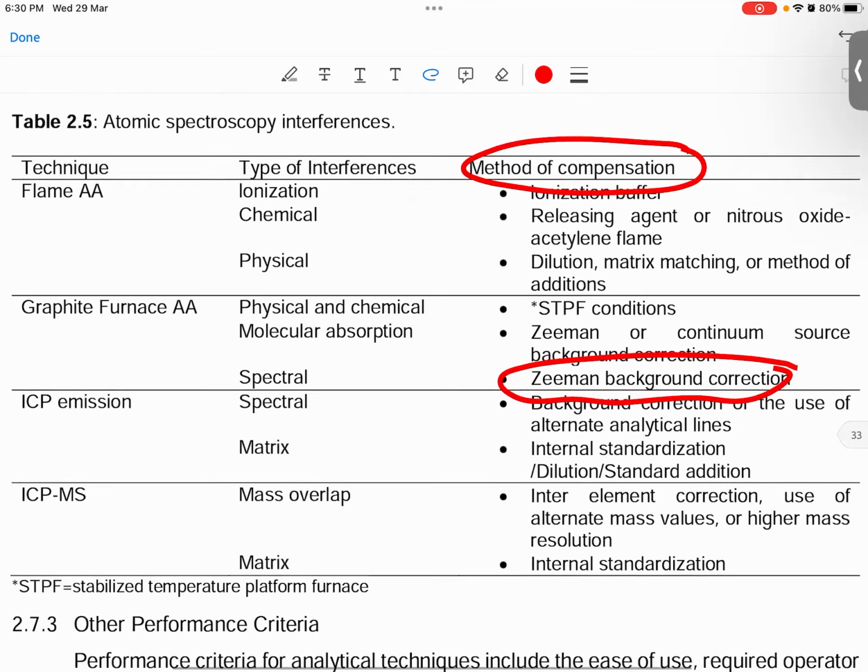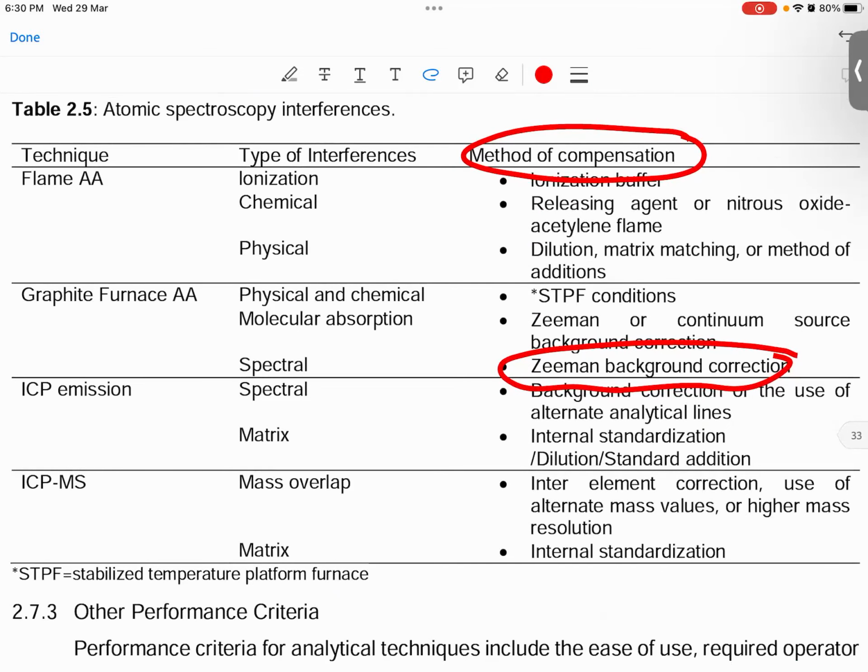I remember that I asked all of you to check what the Zeeman effect is. Can anyone tell us what the Zeeman effect is, in simple words? You can just Google what the Zeeman effect is.